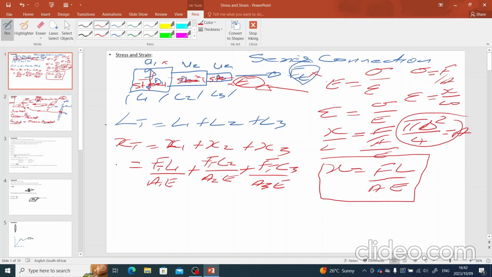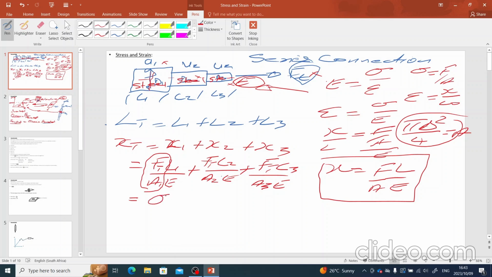Okay? Now, please, this formula does not limit you. If you are given stresses, you can always work out this formula from the stress perspective.